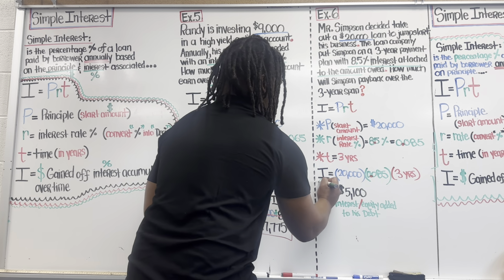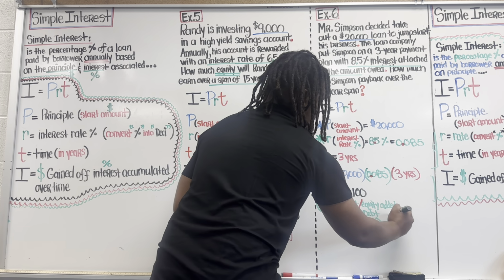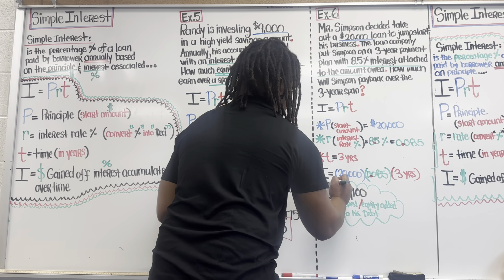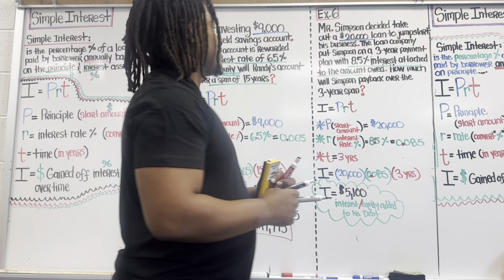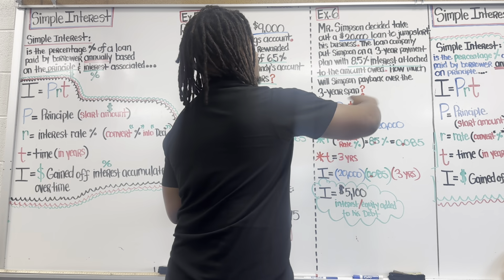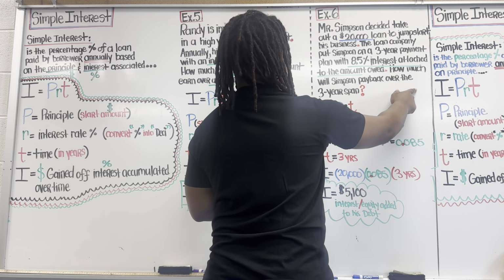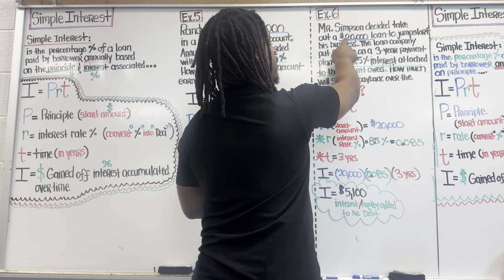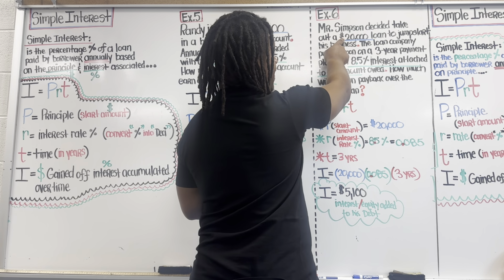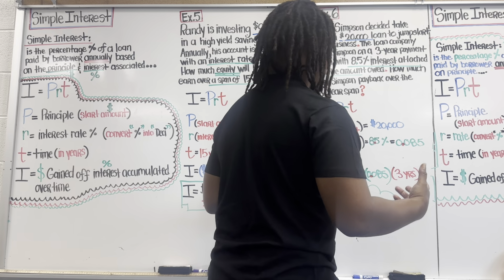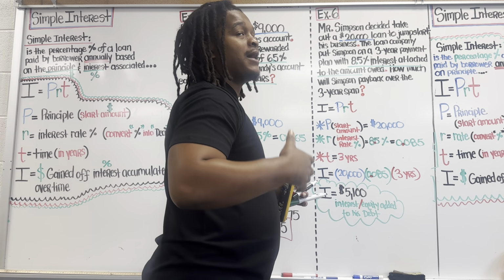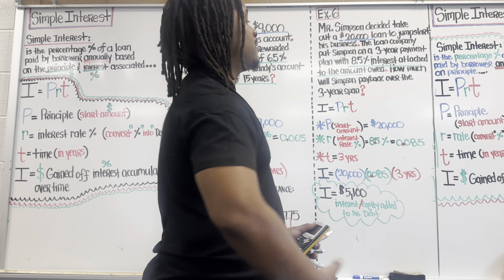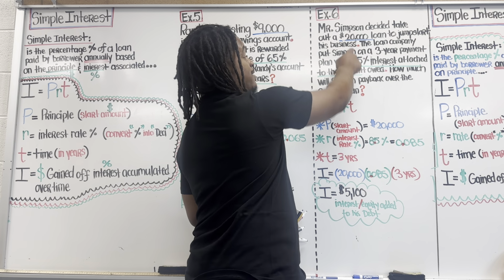So this is how much value or how much equity is added to the debt. But remember, that is not the final answer. The final answer is how much will Simpson pay back over a span of 3 years. We know that he's going to have to pay back this $20,000 because that's the principal. That's how much he borrowed. But we're also going to have to add this to the $20,000 to find out how much he's going to pay in total, because once again, he's paying back with interest.